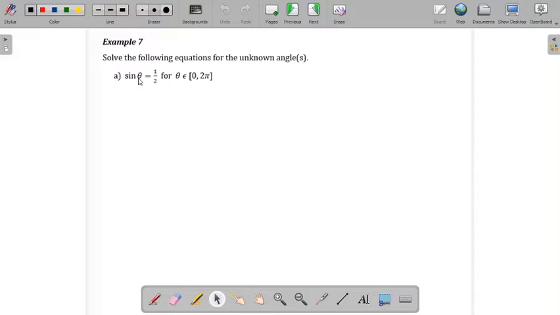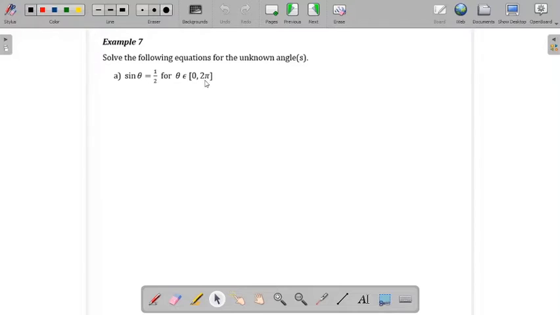There may be one, there may be more. It depends on the domain. This is our domain: we're looking to find the angles within the range of 0 to 2 pi radians. Because it's in terms of pi, our solutions are going to be in radians rather than degrees.